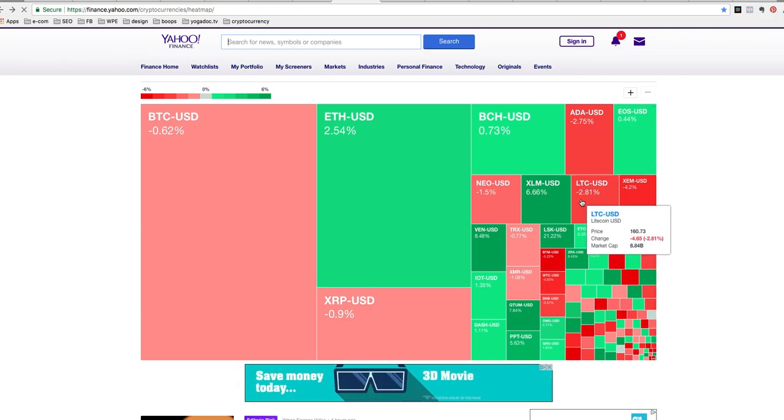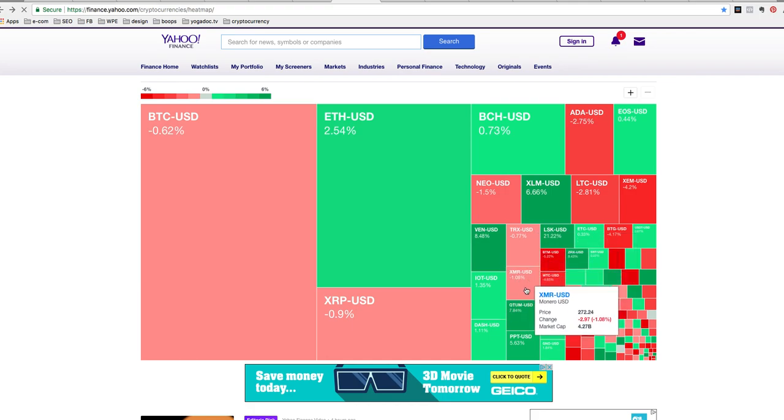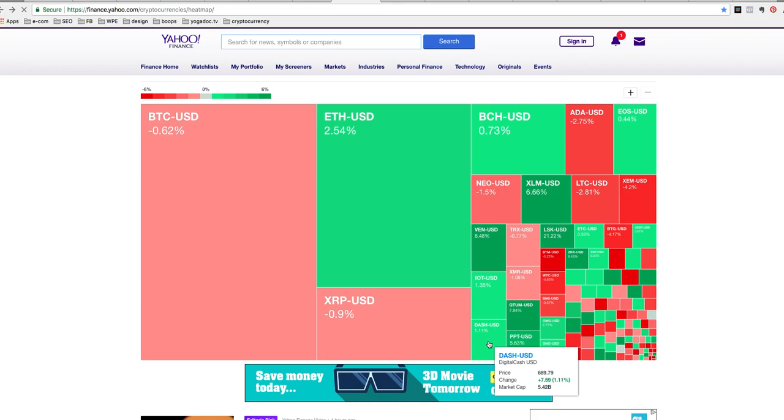So Litecoin is over here at 8.84 billion, Bitcoin Cash 24 billion, and Dash is in fourth place, right over here. Dash is down here in fourth place at 5.42 billion.